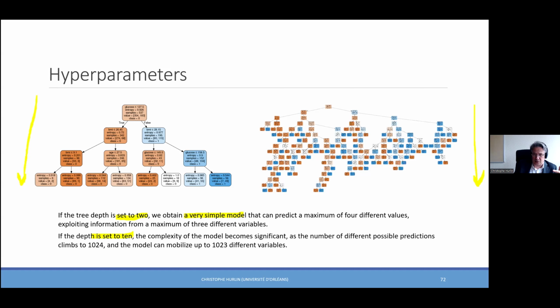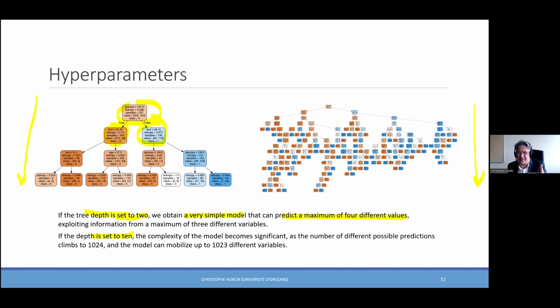But if you consider the model on the left with a depth equal to 2, we obtain a model in which, for instance, we can predict a maximum of 4 different values. So I will produce forecasts with 4 different values. In my decision tree, I have some decision nodes, and in each node, I use a feature, so an explanatory variable.